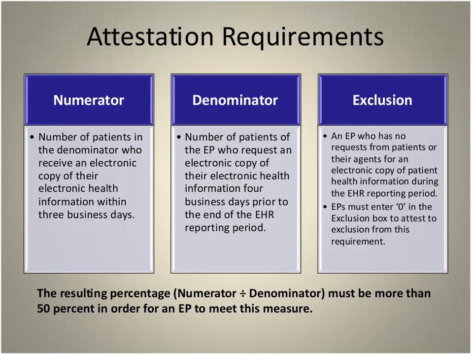And of course, since we have 3 days to provide this information, and the cutoff date of the numerator, denominator, and percentage is the end of the reporting period, we would really only count requests up to the 4th day prior to the end of the EHR reporting period. The numerator is the number of those patients who receive an electronic copy of their health information within 3 business days.